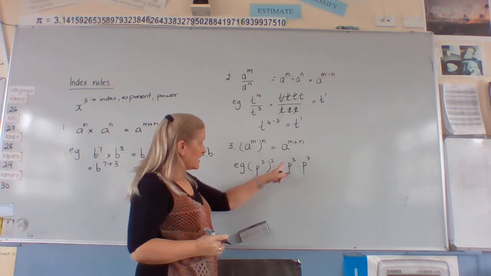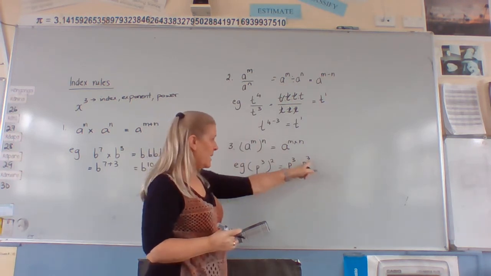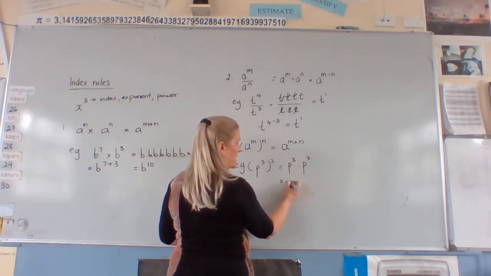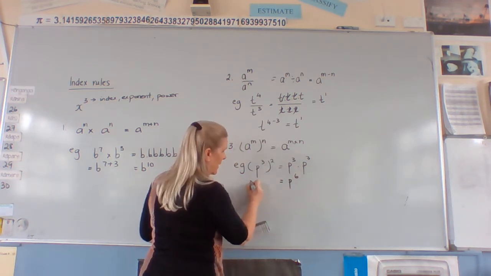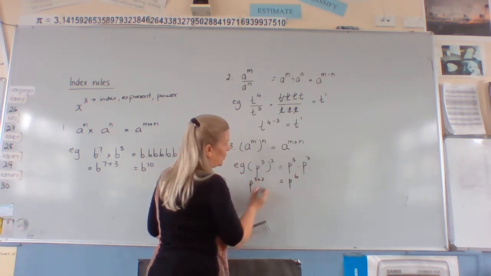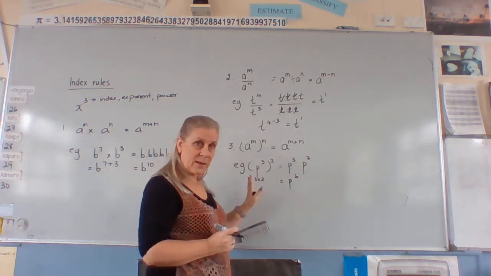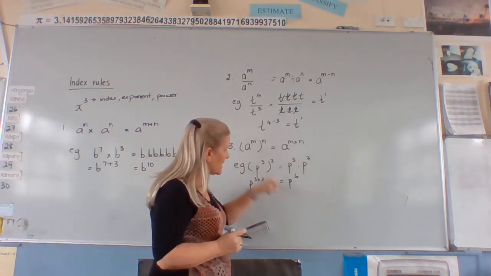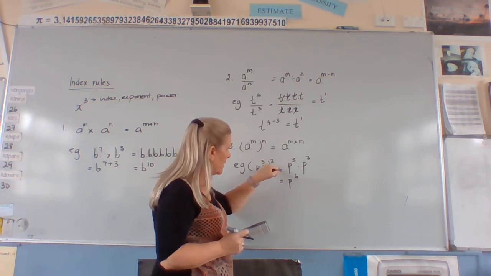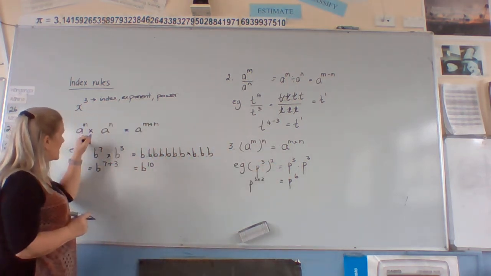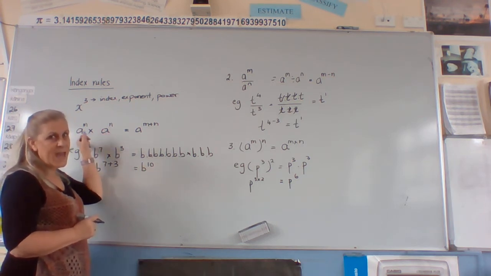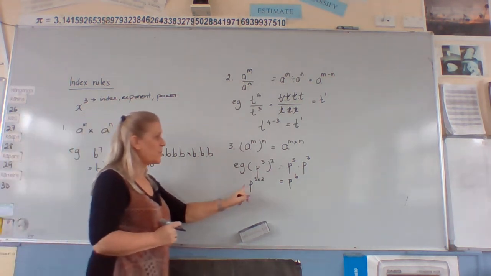So now according to our first rule, we add those powers. Those powers added together give us 6. But from here, we can see it's 3 times 2. So it's the same thing. You can work it out either way. You just need to know. This one is 2 lots of this. This one is this and this, so we add them together, multiply them together.